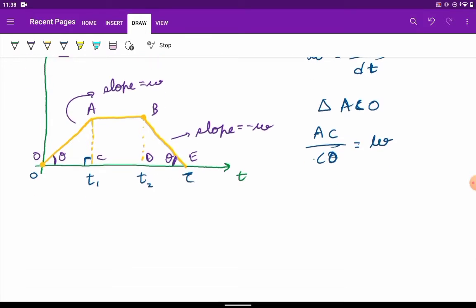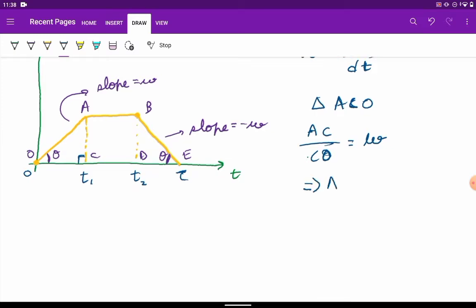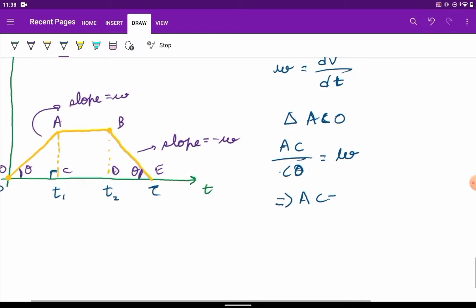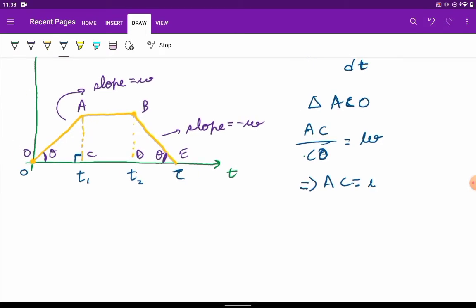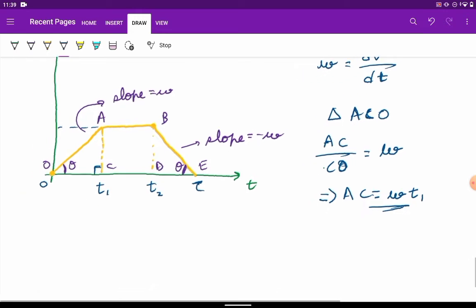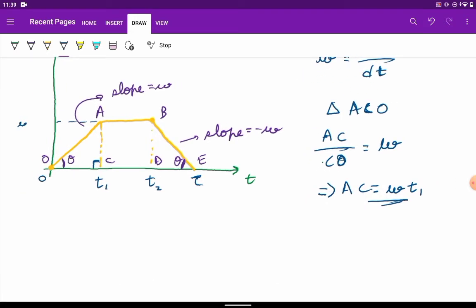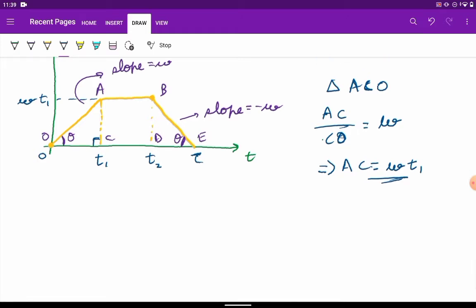So AC is equal to w into CO. CO is t1, so w t1. This means that the maximum velocity attained is w times t1. Cool, so we got the maximum velocity in terms of w and t1, right?